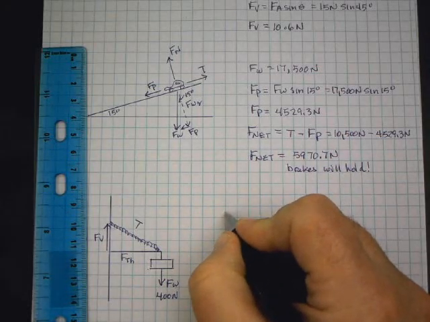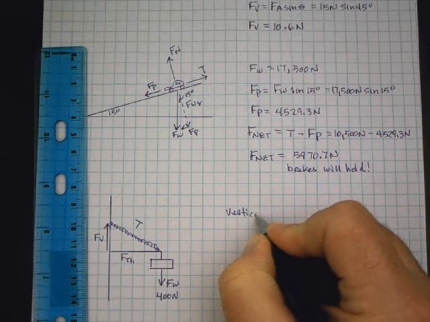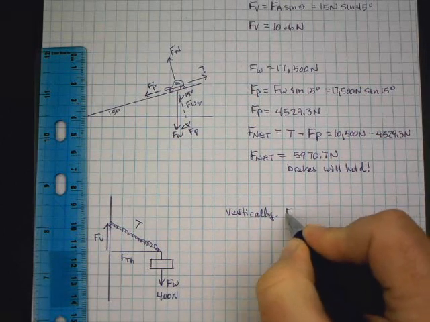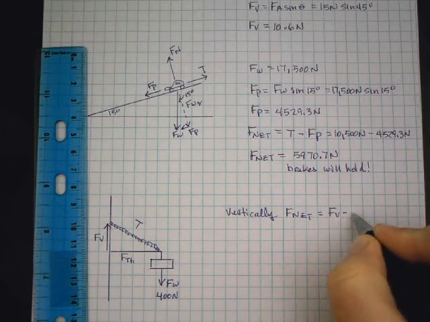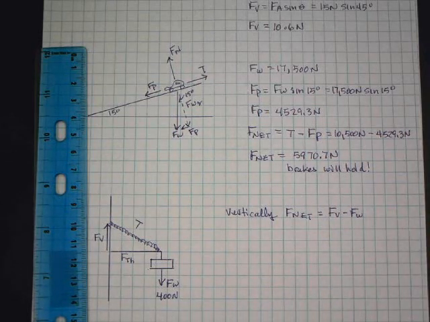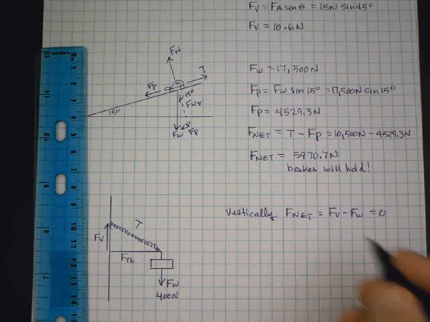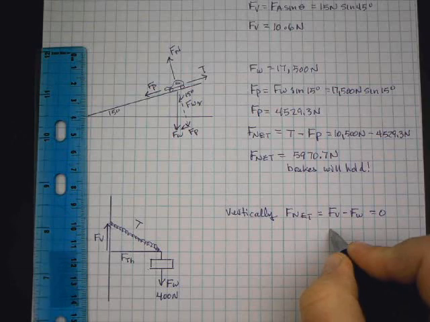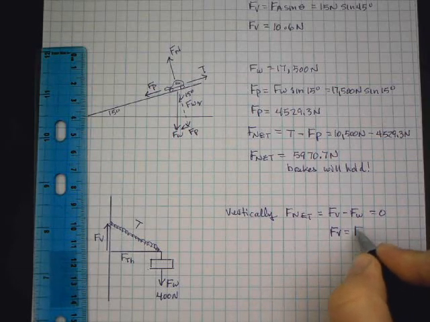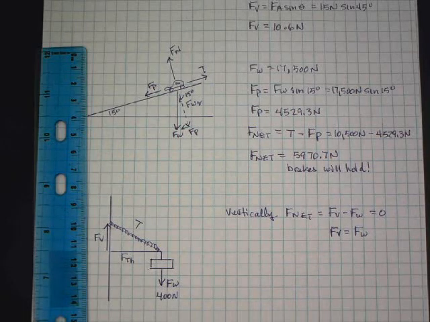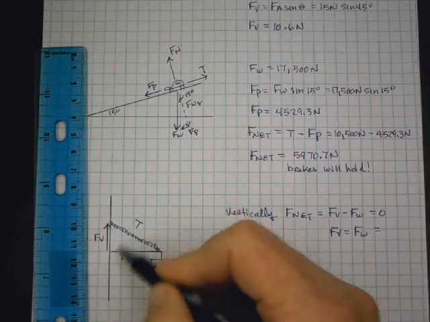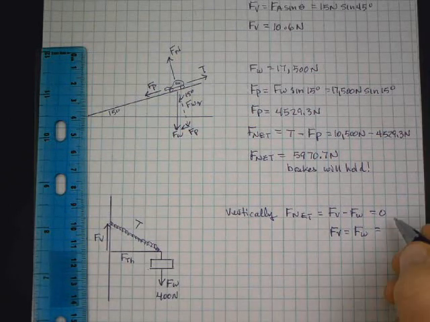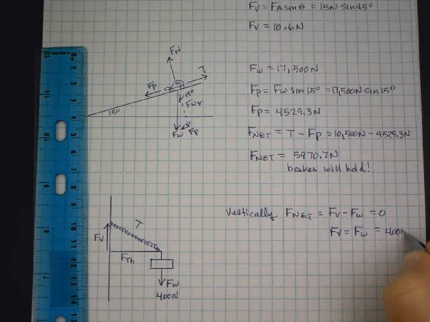And again, the way to look at it is vertically, the net force, which has to be those two forces, has to equal 0 because the sign's not moving. Therefore, those two have to be equal, which means the vertical force comprised of the tension in the chain has to be 400 newtons.